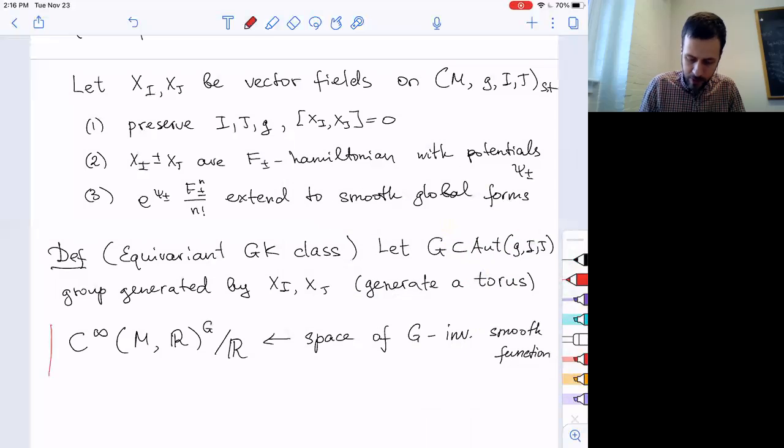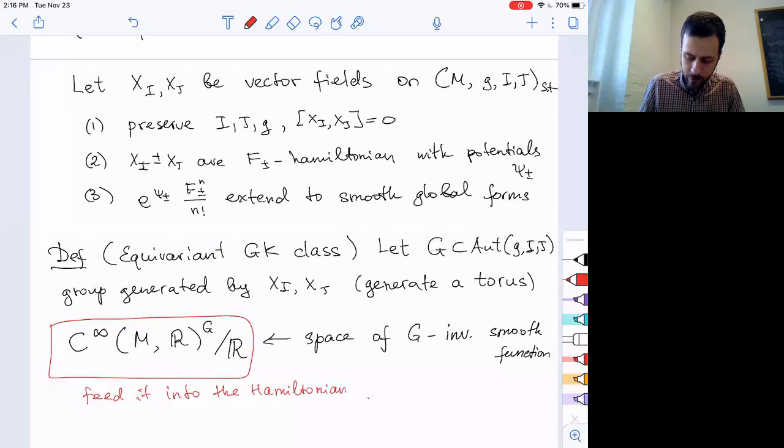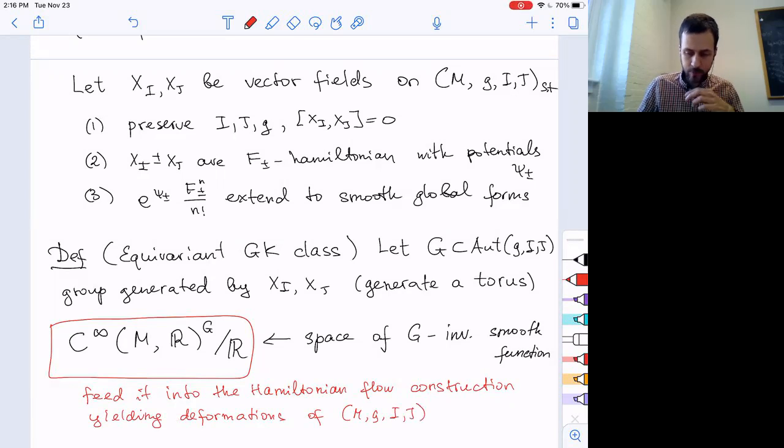I take this space and feed it into the Hamiltonian flow construction, yielding deformations of the initial structure G, I, J. I will not give you the specific formulas I gave last time.